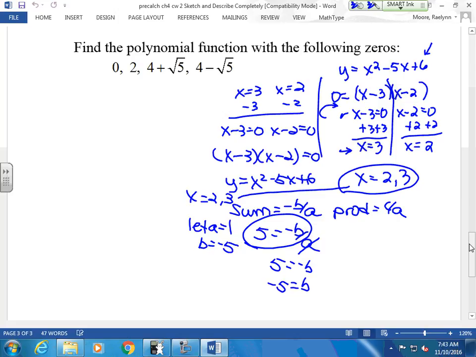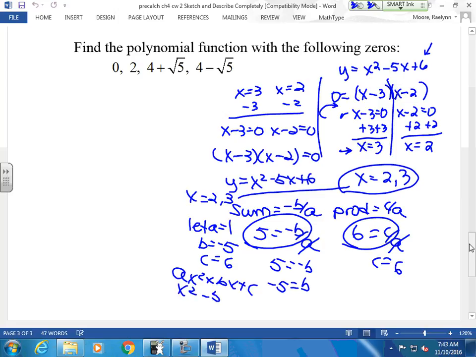What's 2 times 3? 6. 6 is equal to c over a. Well, I let a equal 1, so what's c? So now, in my format, I say a is 1, b is -5, c is 6.